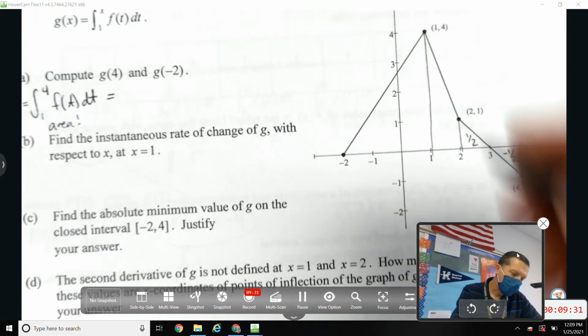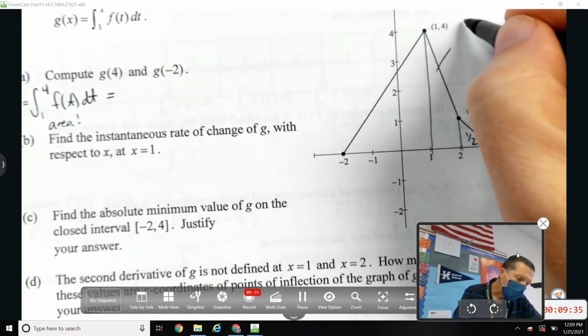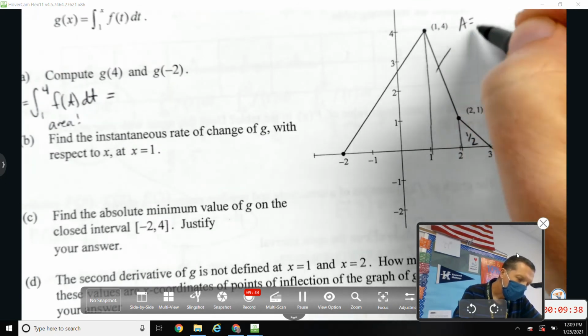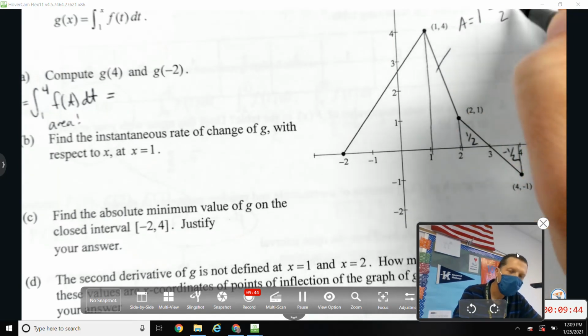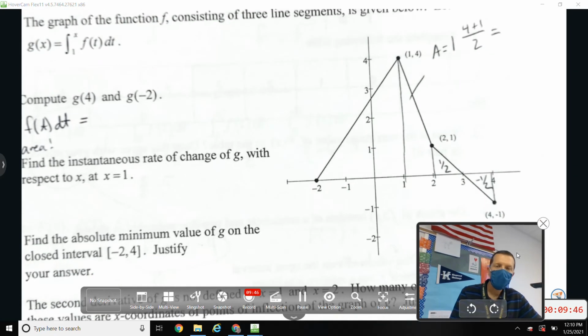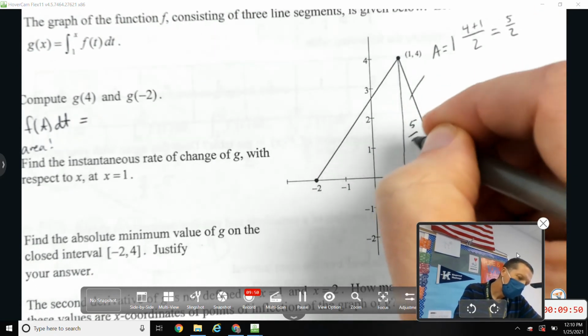But I need to get this area from 1 to 2. So that's a trapezoid. Width is 1. The average height, or the 2 heights, are 4 and 1. So that area would be 5/2.